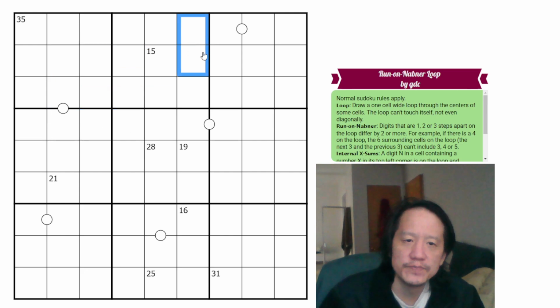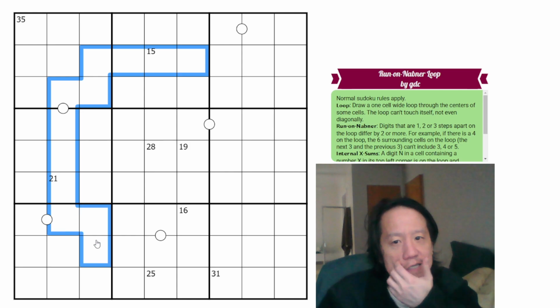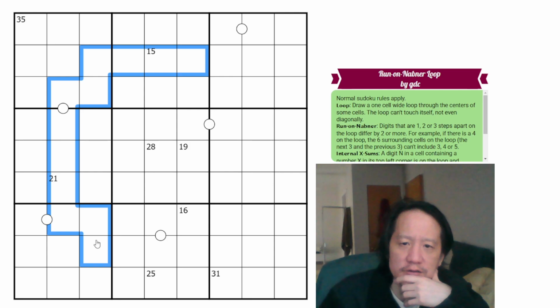Let's see. Well, okay. For a loop, it has to go through the center of cells. So it actually can go diagonally then. So it doesn't actually, does it?